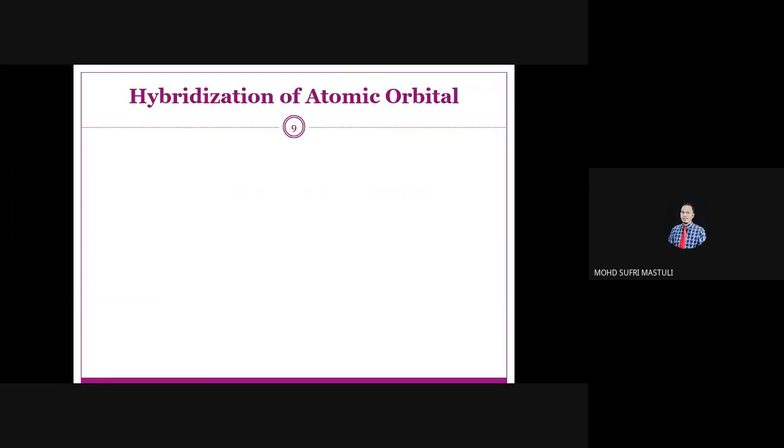In the previous video, we talked about the overlapping of atomic orbitals, s orbital, p orbital, d orbital, and so on, to show the formation of chemical bonding.